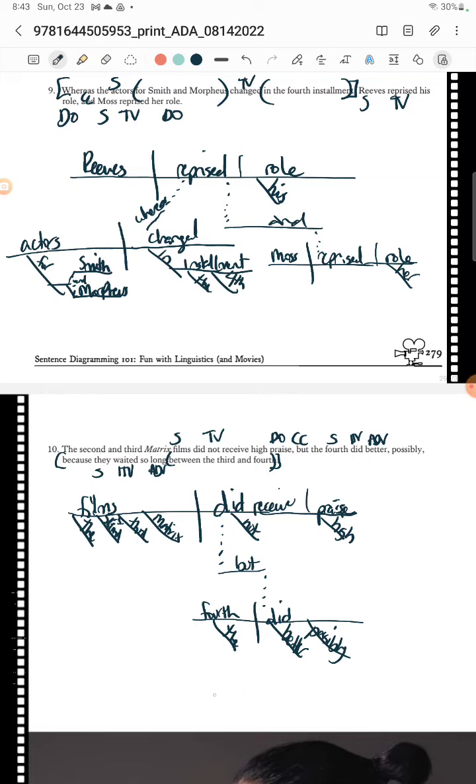And then we have because why? Because they waited. And what did they wait? Oh, yeah, you could say long is an adverbial adjective because then you've got so long. And then they waited between. Oh, just kidding. I'm going to use my eraser here just because we're at the bottom of the page and I don't have any room.